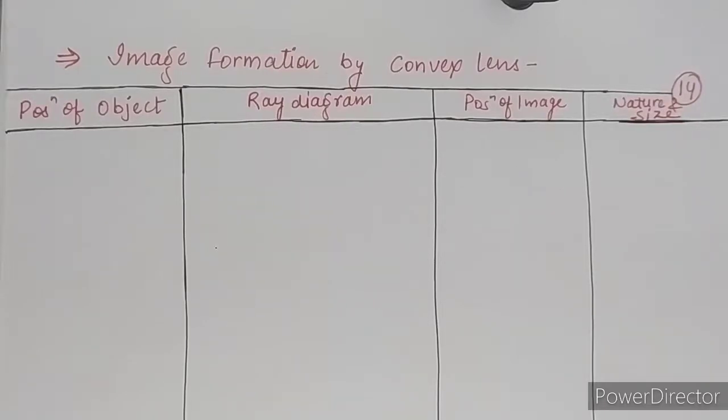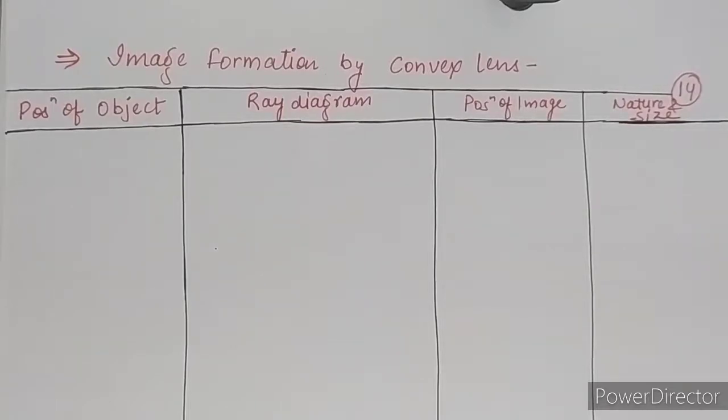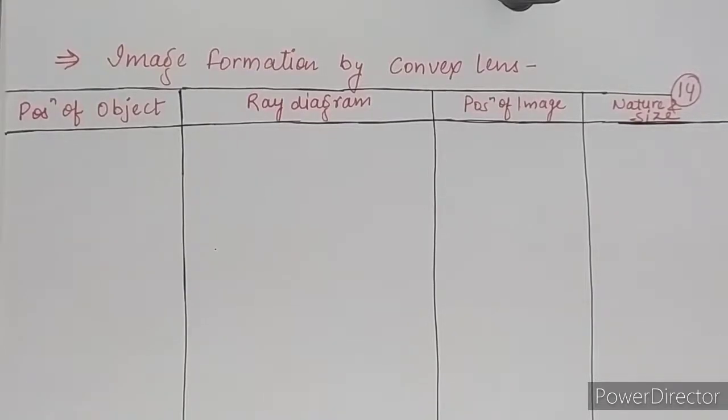Only real images are formed by the convergent mirror or lens, and virtual and erect images are formed by the divergent mirror or lens. So the convex lens is a converging lens, and we will make the ray diagram for its different positions.